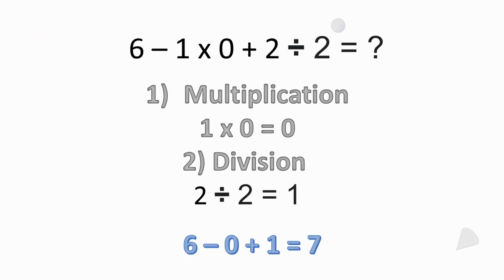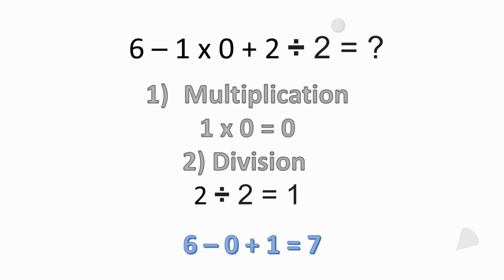So anyhow, the problem: 6 minus 1 times 0 plus 2 divided by 2 equals. If we're following the order of operations and we're going left to right, we see we have multiplication first. We have this minus 1 times 0 there, or 1 times 0. As long as we remember we have the minus sign out there, we have to deal with that.